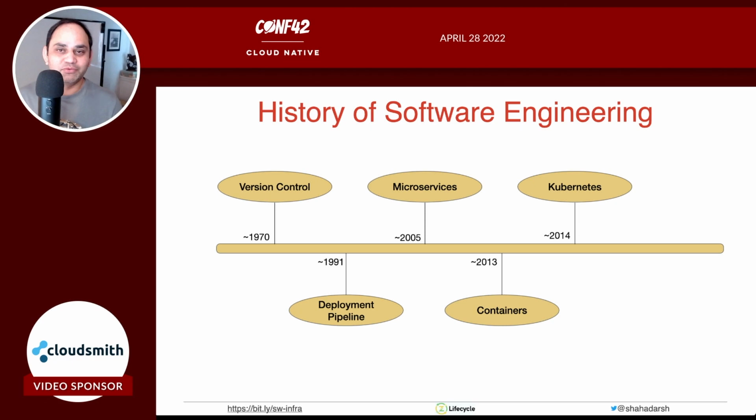So around 2014, we started using that, and then let's see how we can apply the same to infrastructure. And then the latest one here is GitOps. Around 2017 is when it came in, and from there on, we started using that to deploy applications, and then we'll see how we can use it to deploy infrastructure.